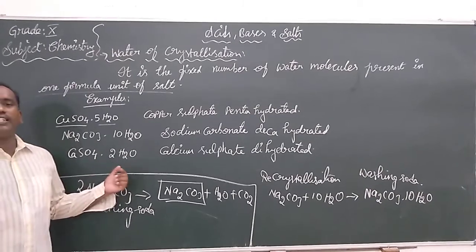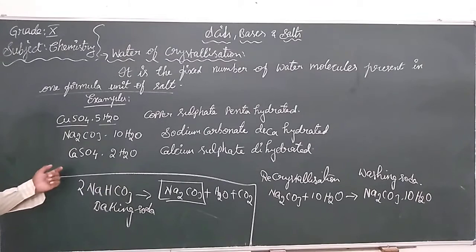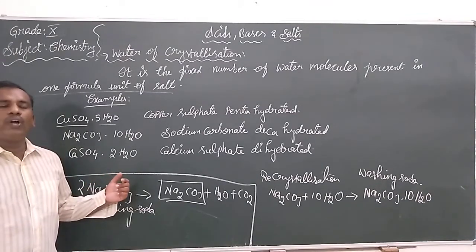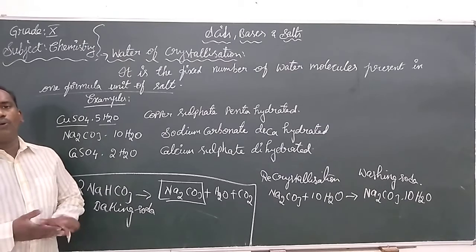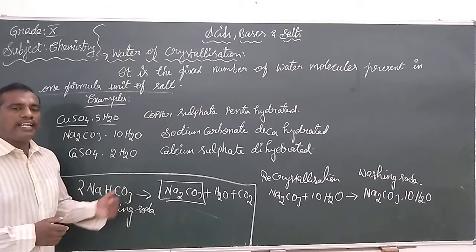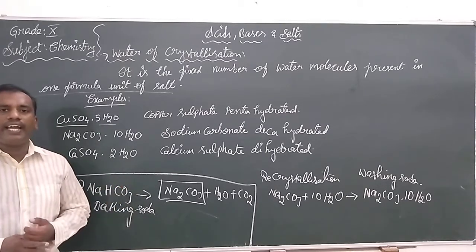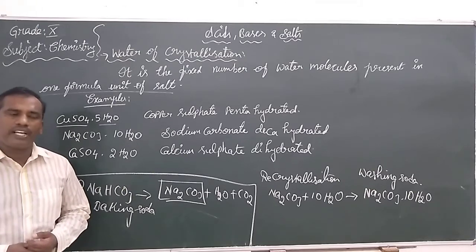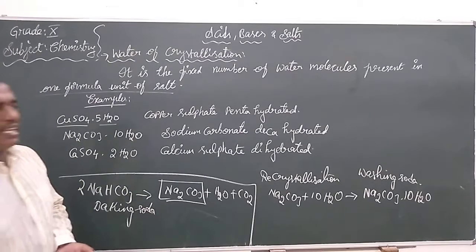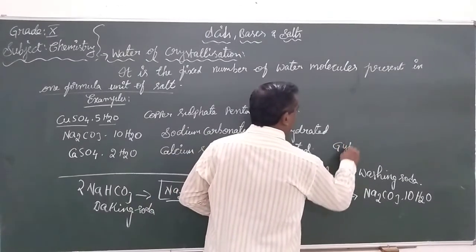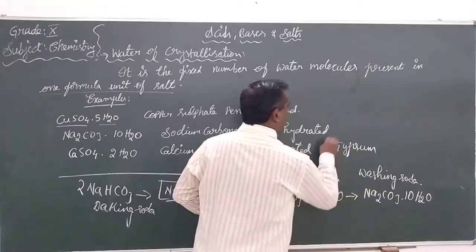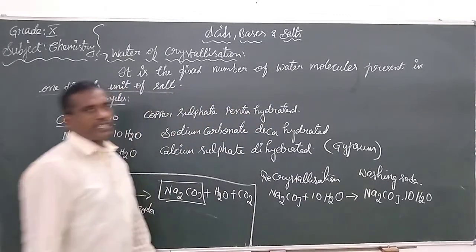Now we are taking another example. CaSO4 2H2O. Calcium sulfate dihydrate. It is called gypsum.